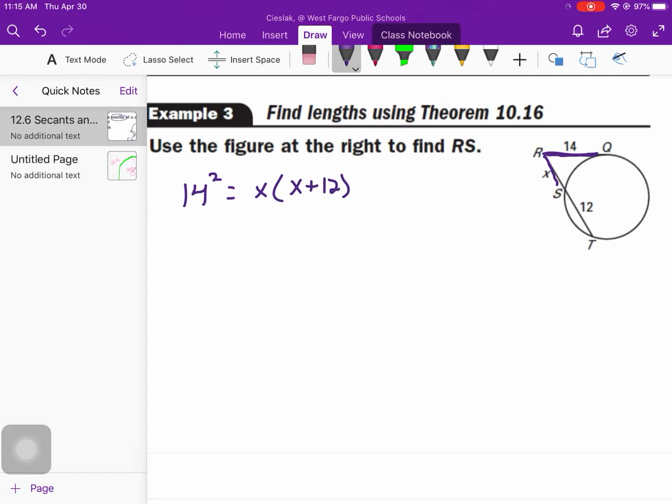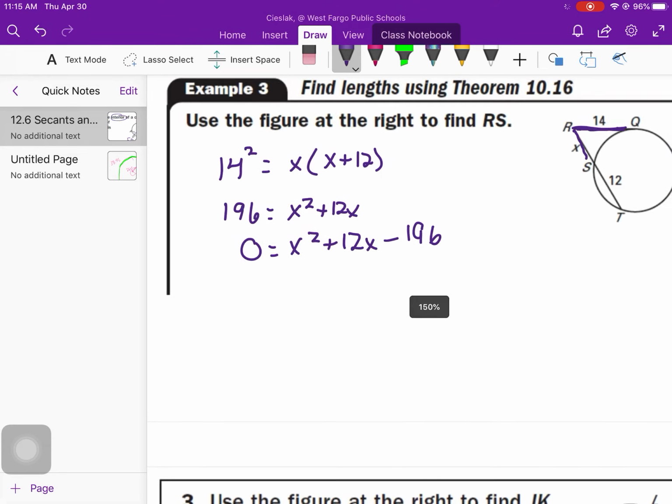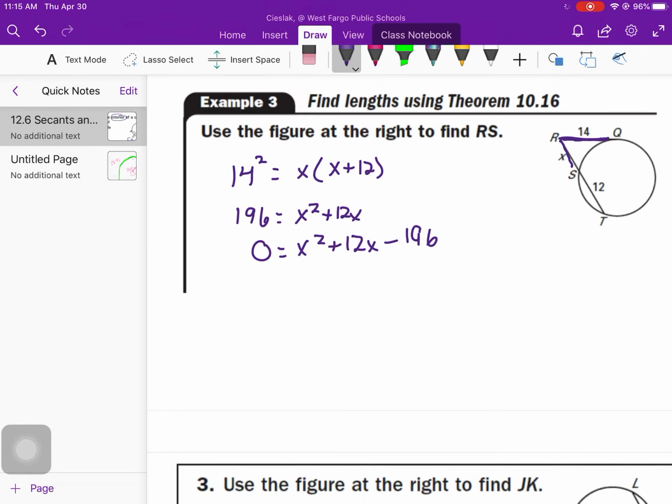So 14 squared gives me 196 is equal to x squared plus 12x. As I move that over, I get 0 is equal to x squared plus 12x minus 196. This one, again, is not going to factor, so we're going to have to go quadratic formula.